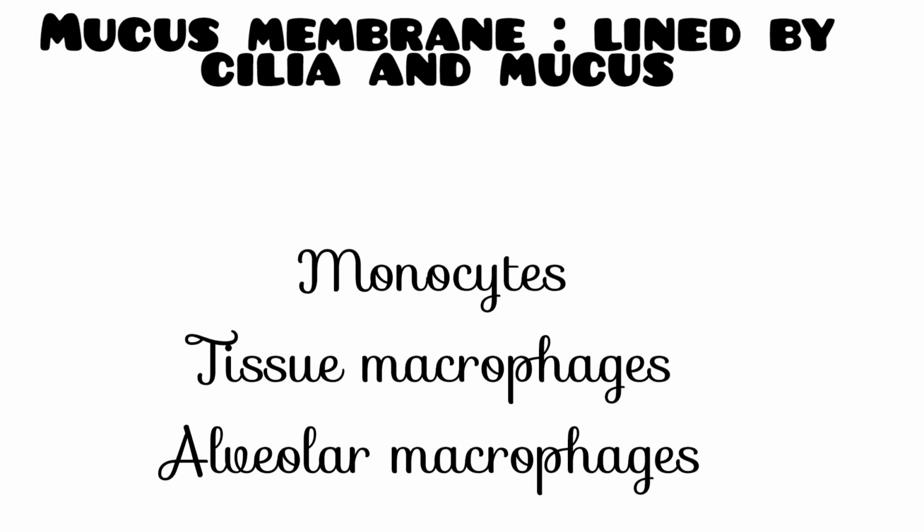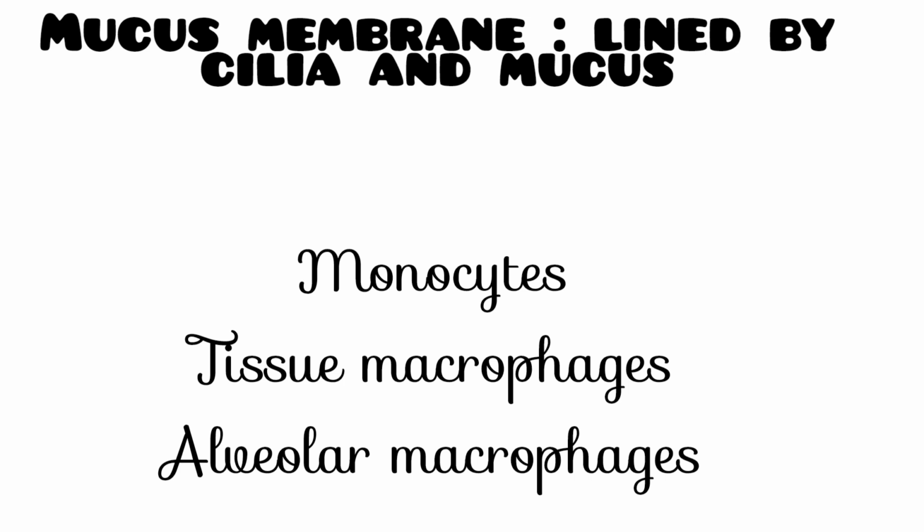Monocytes are the cells that are present in the blood. They are circulating in the body. But when the monocytes enter into the tissues, they are called macrophages or tissue macrophages, and there are several examples of tissue macrophages, and one of those examples is the alveolar macrophages that are present in alveoli.